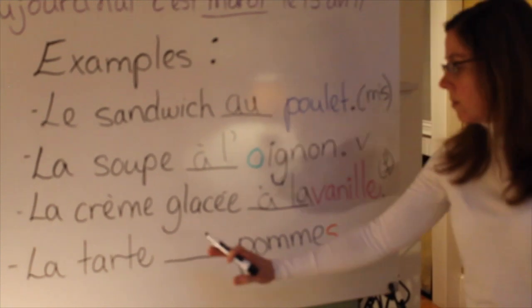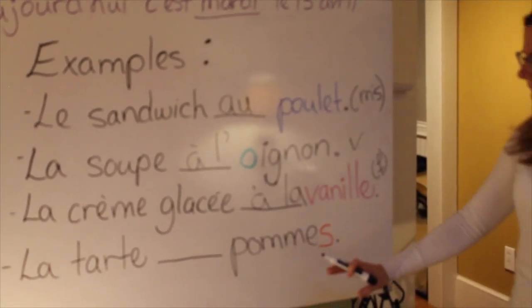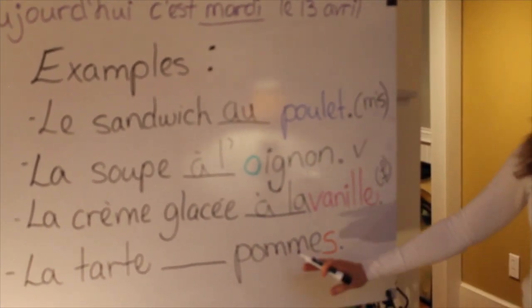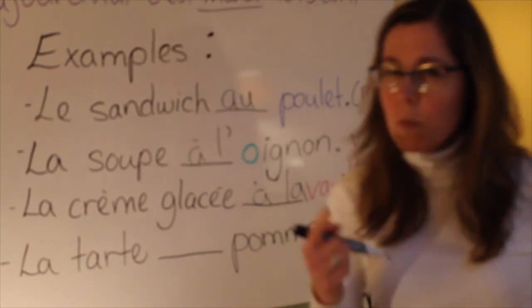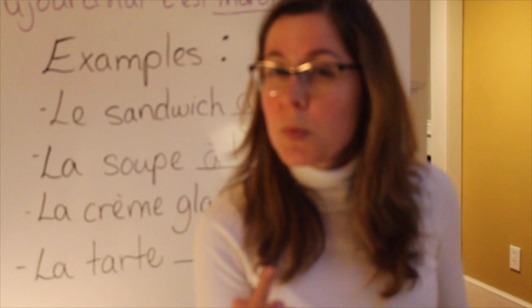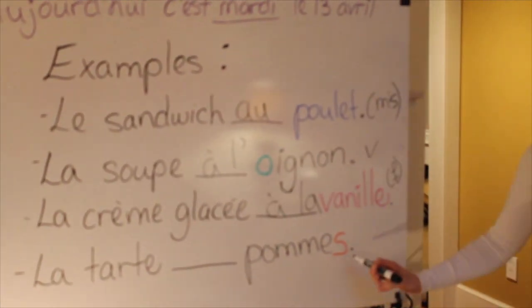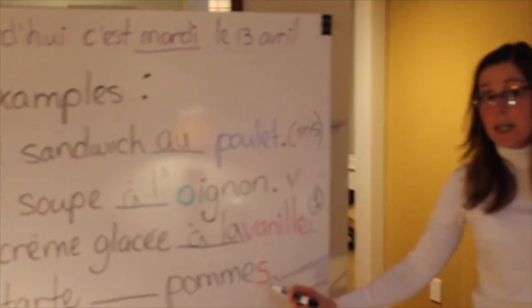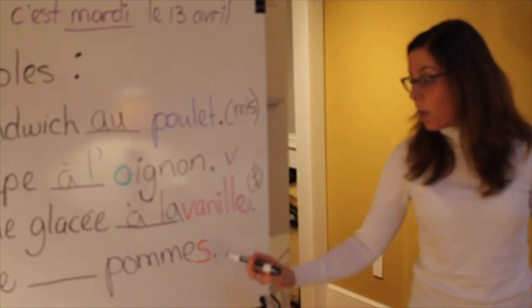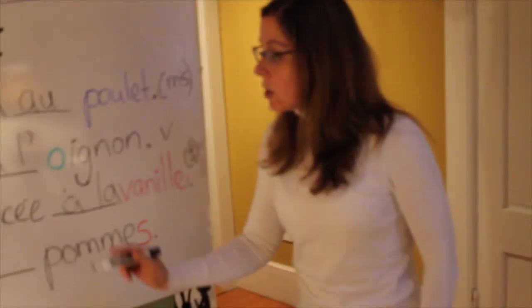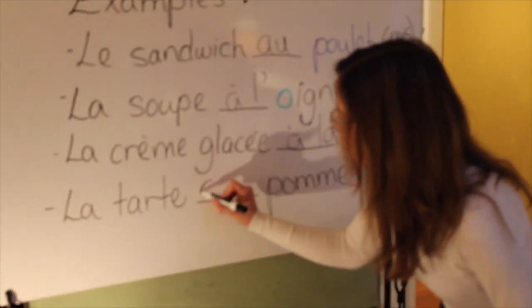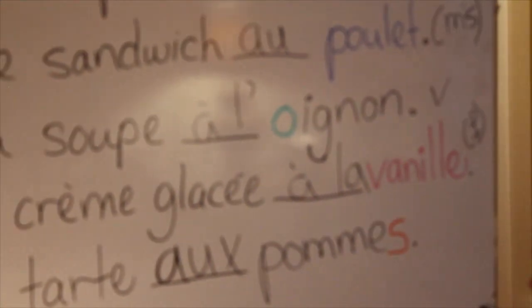La tarte, pommes. Now most of the time in an apple pie, do we have more than one apple? Yes, we do. Alright, so that's why we have an S here to pommes, apple. You remember pomme means apple? So you have an S here. So what you're going to be using is aux. Okay, so these are your examples.